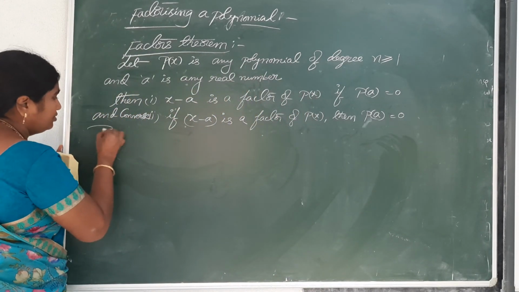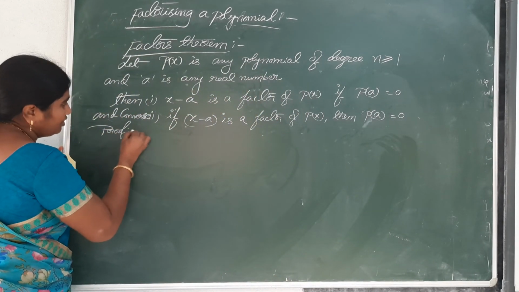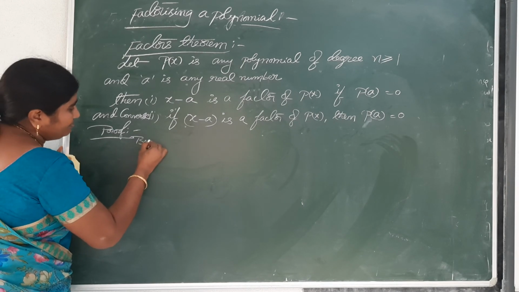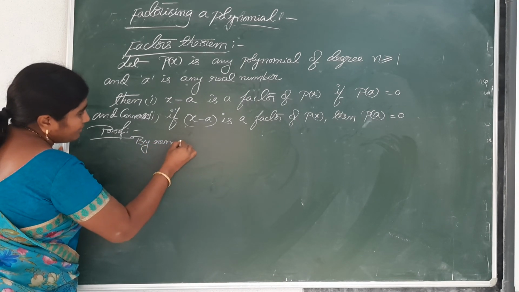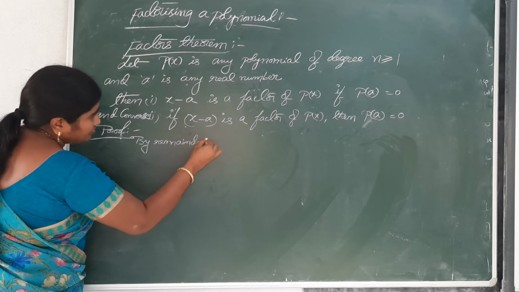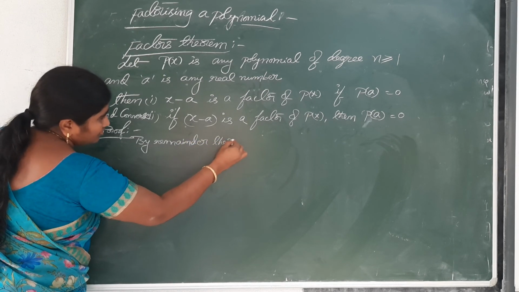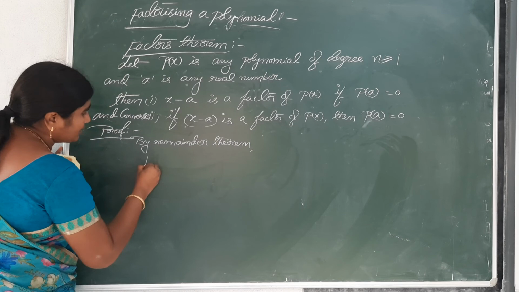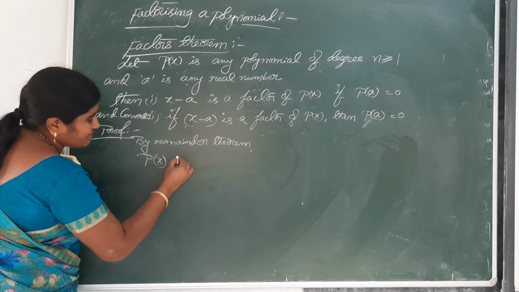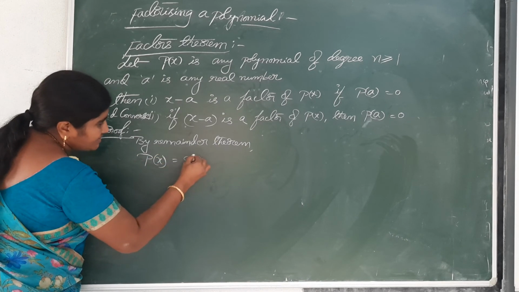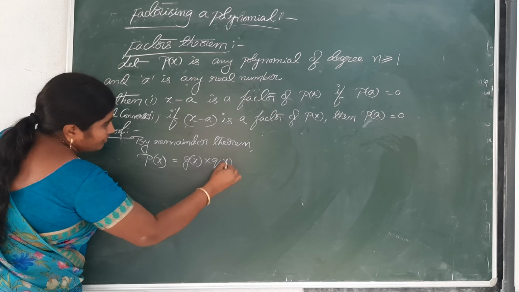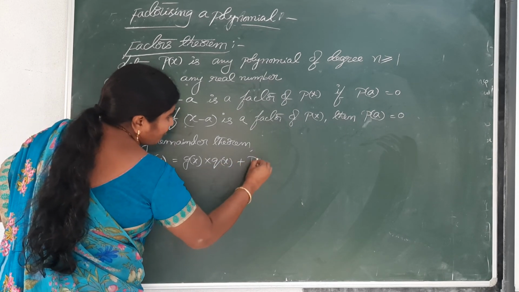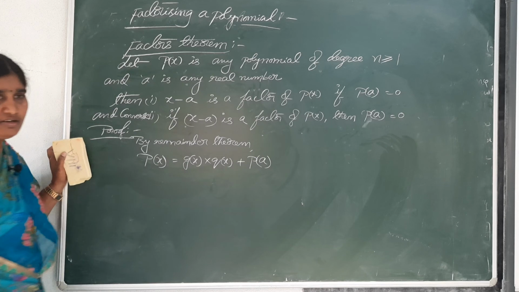Proof. By remainder theorem, we know that p of x equal to g of x, the divisor, into q of x plus the remainder p of a.